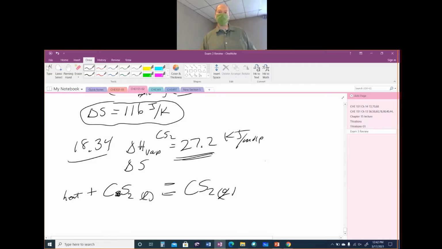They actually give us the number, but we would know it's positive even if they didn't give us the number. We also have a liquid going to a gas, and so we also know that delta S for this process, this vaporization, is also going to be positive.